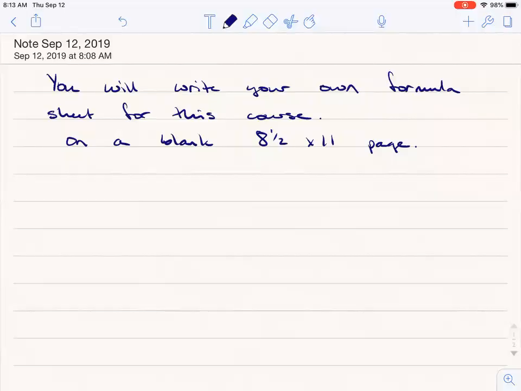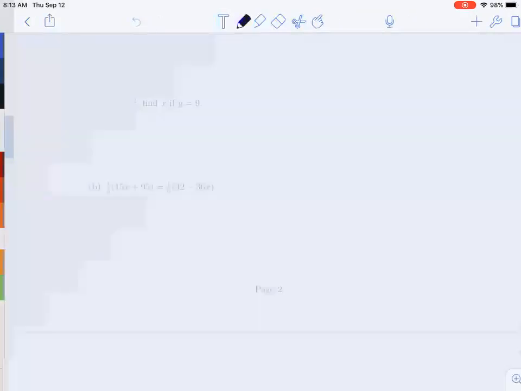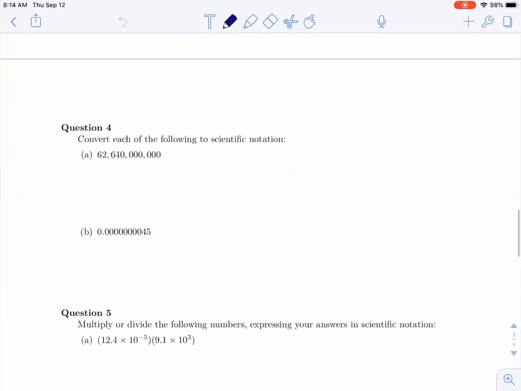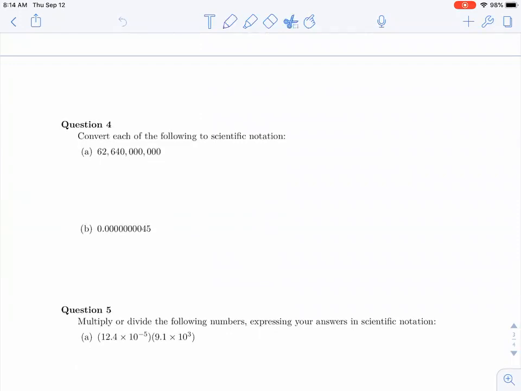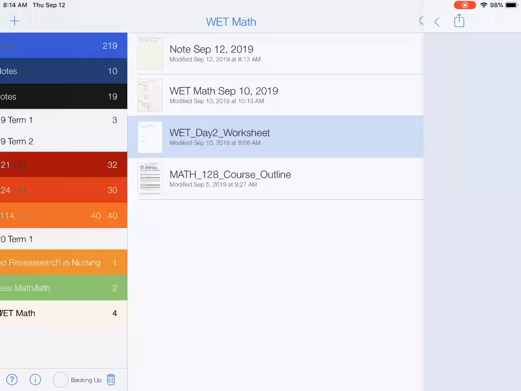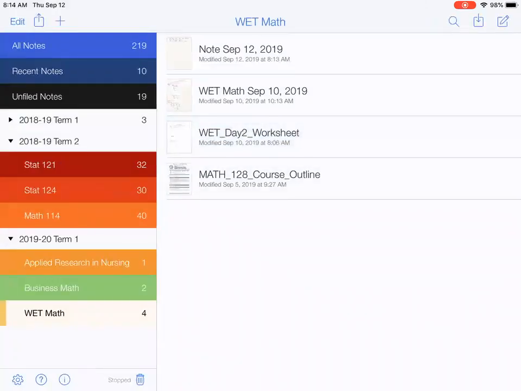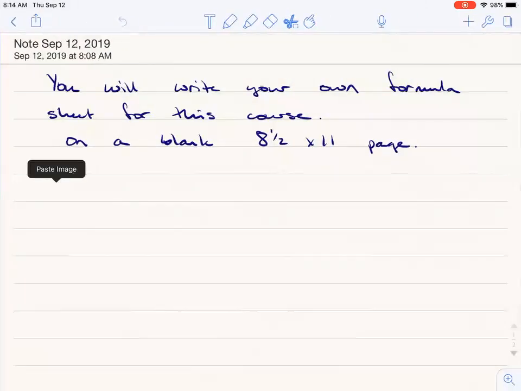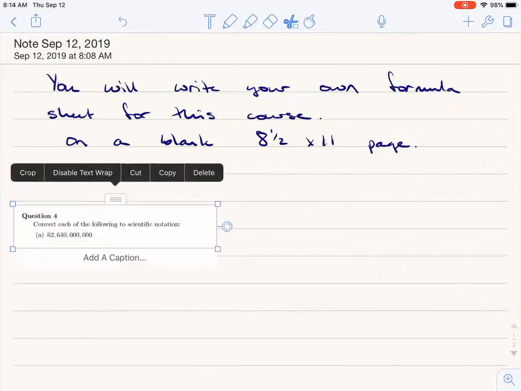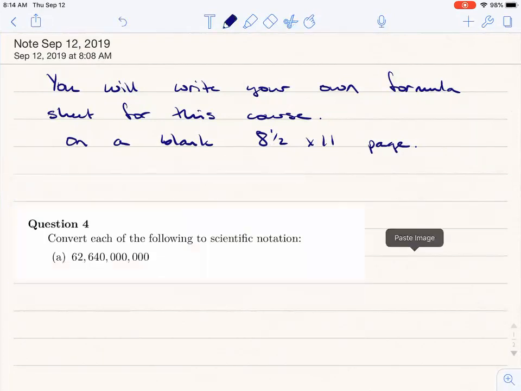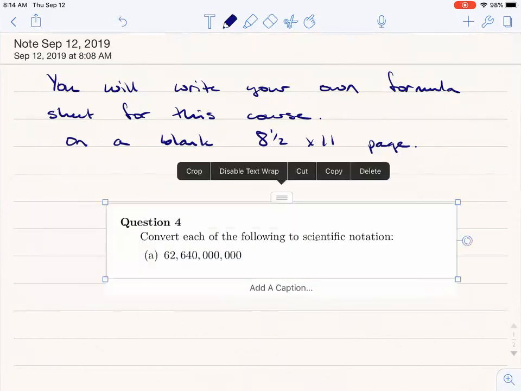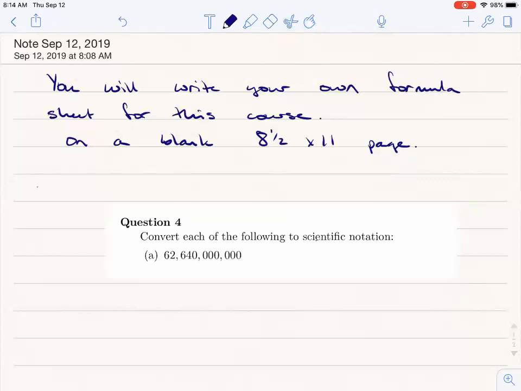All right. So we're going to keep going through this one. I think was fine. We're going to keep going through that worksheet. Paste it here. I'll say worksheet continued.